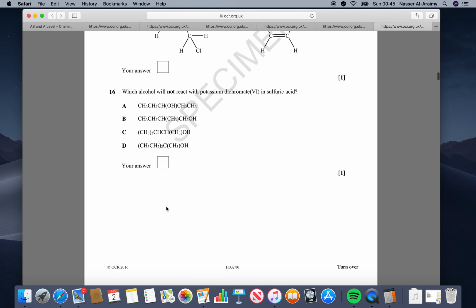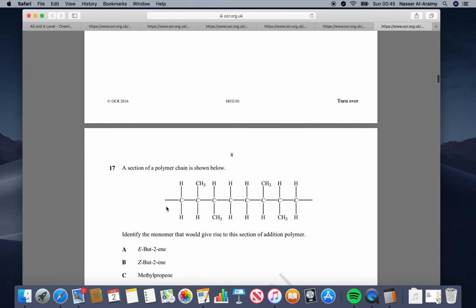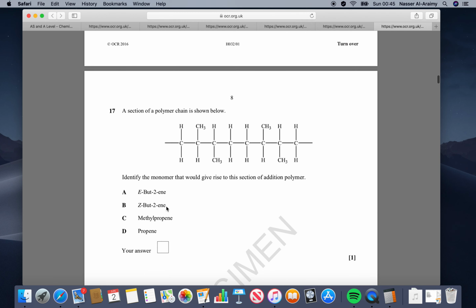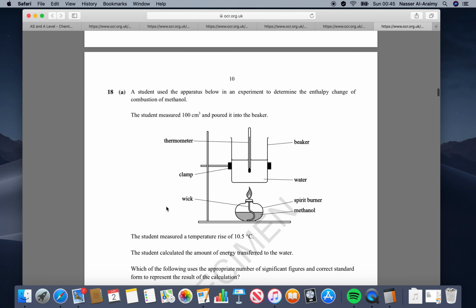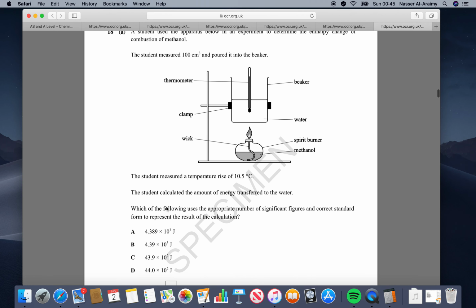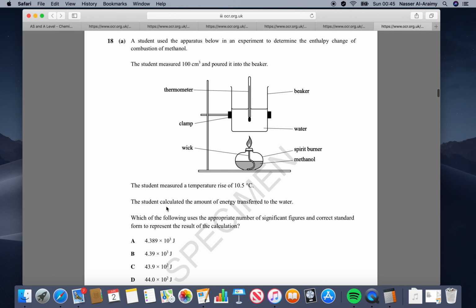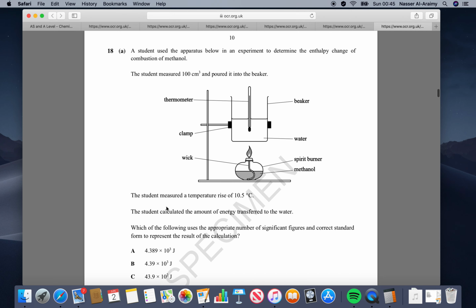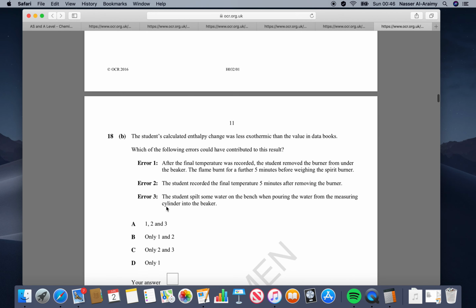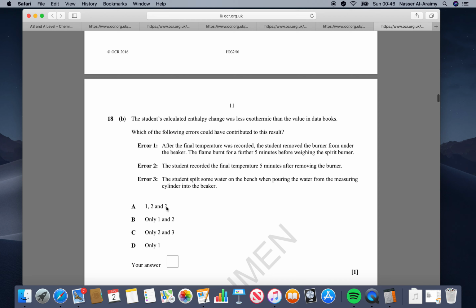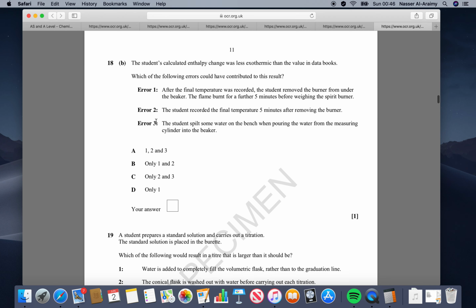It's obviously all subjective. There's some easy ones here, there's some hard ones there. That's just how it is. Try and get as many questions right in section A as possible. Look at that, there's another error question there.